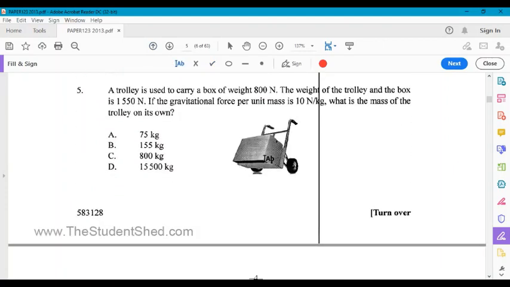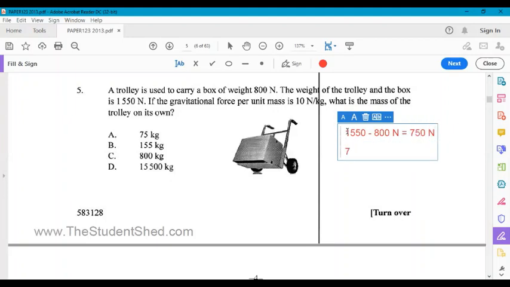Number 5, a trolley is used to carry a box of weight 800 newtons. The weight of the trolley and the box together is 1,550 newtons. If the gravitational force per unit mass is 10 newtons per kilogram, what is the mass of the trolley on its own? So first we have to find the weight of the trolley on its own by subtracting the weight of the box alone from their combined weight, which is going to give us 750 newtons.